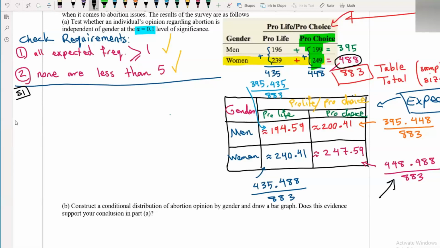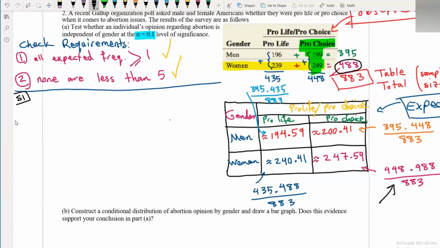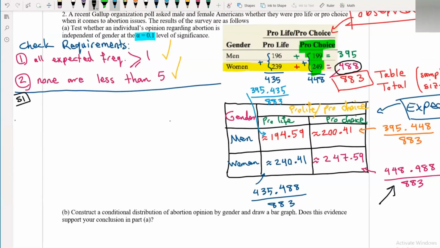Step 1, null and alternative. Our null. Here, I'll just write the row and column variables are independent.